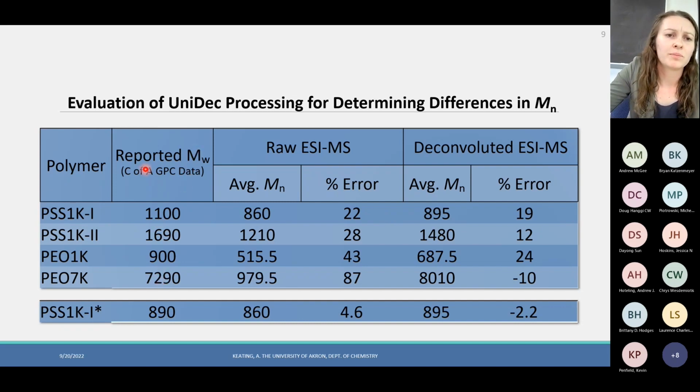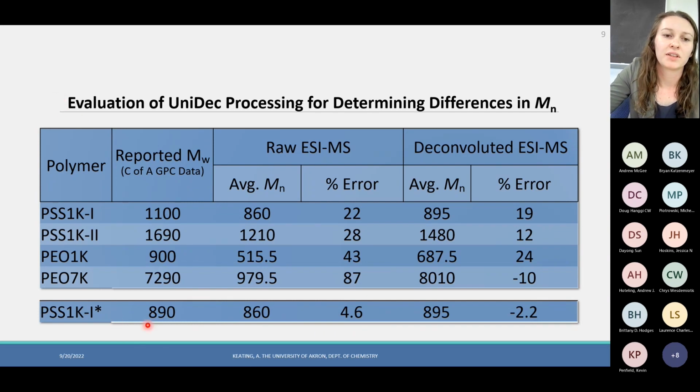The PEOs used as GPC standards were reported in Mw, and for the PSS, the larger one was reported as an Mw, as was the smaller one, but the smaller one was also reported with an Mp, which they called the mass at peak height, or maximum peak height.